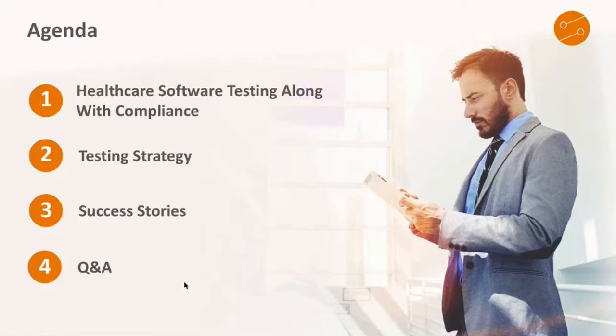Next, we'll look into the testing strategy and testing approach for healthcare software that is compliant with regulatory bodies such as HIPAA, meaningful use, PHI compliance, etc. Next, we'll also look at some of our success stories based on InfoStretch's experience and expertise in testing and the healthcare domain. Lastly, we'll answer all the questions in the Q&A section.